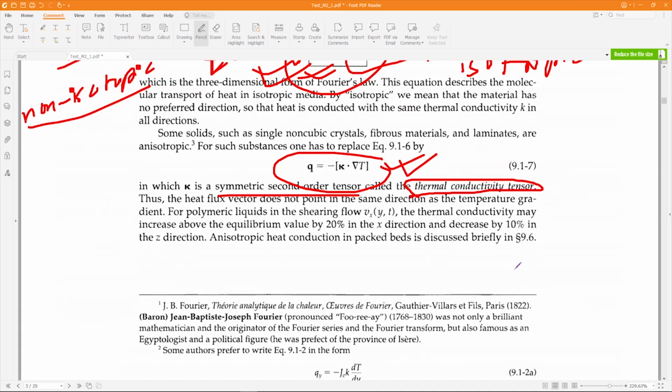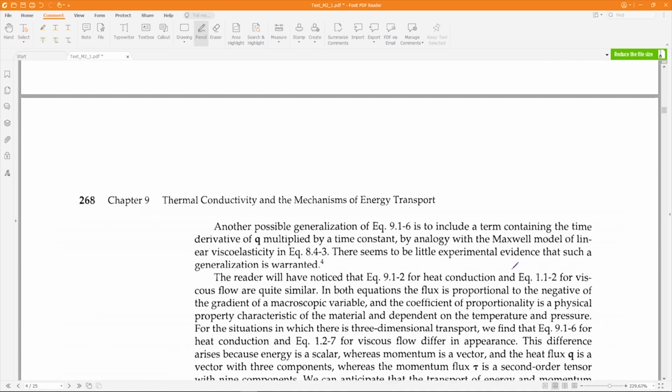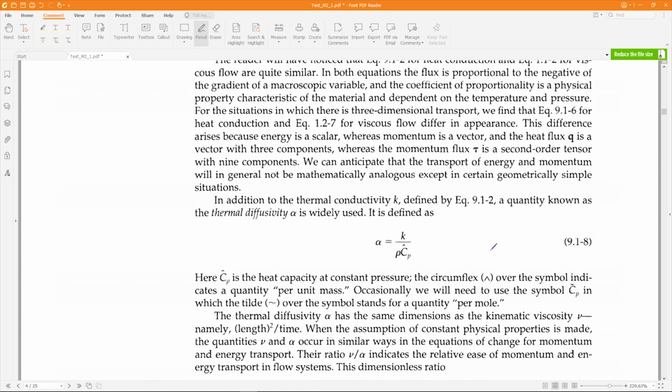In Fourier's law, you have small q equal to minus k, taking it in the x direction, where k is thermal conductivity. But if you want to compare Fourier's law with Newton's law, then you have to use the thermal diffusivity, and I have already shown you.